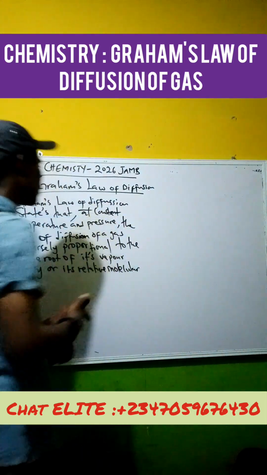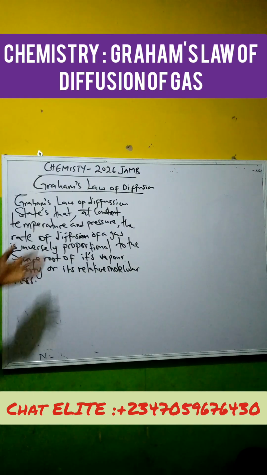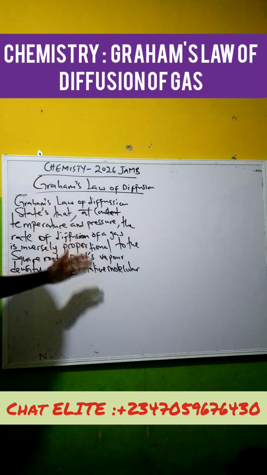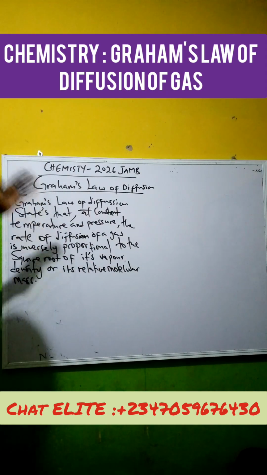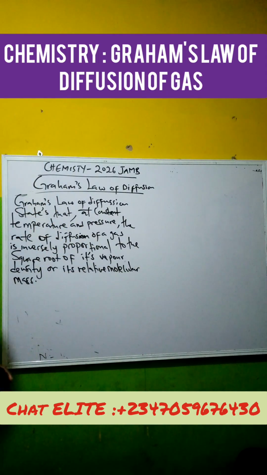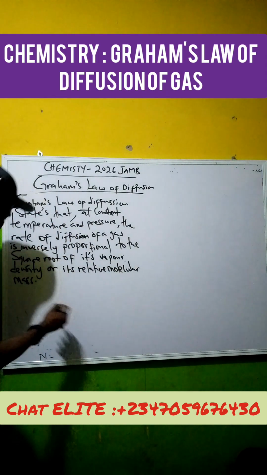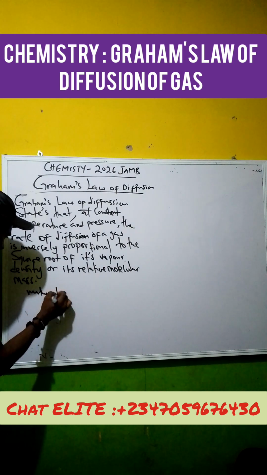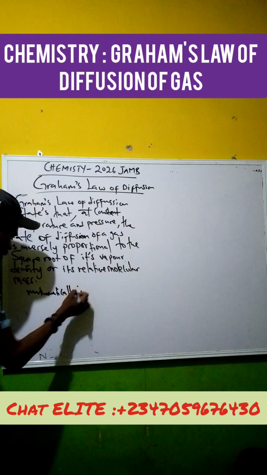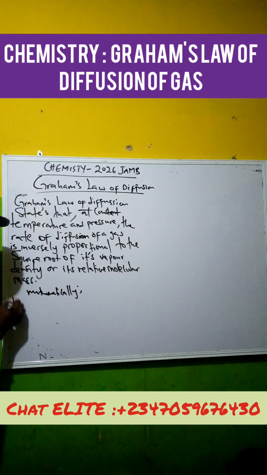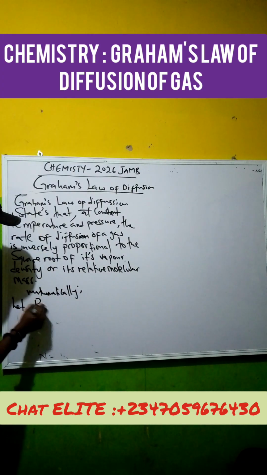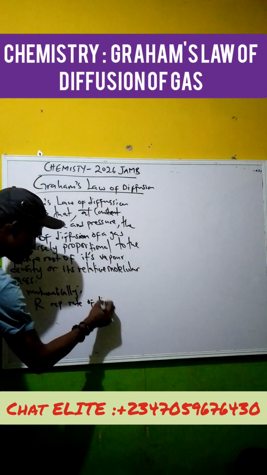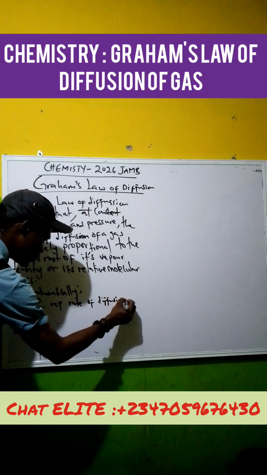Alright, good. Now look at this law. They said that at constant temperature and pressure, the rate of diffusion of a gas. What they are trying to tell us is that, mathematically, let R represent rate of diffusion. Are you with me? No stress.